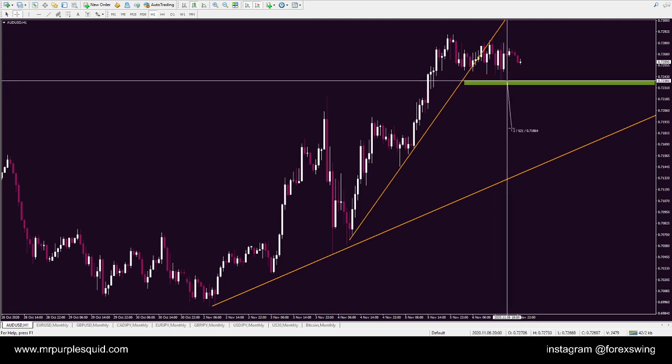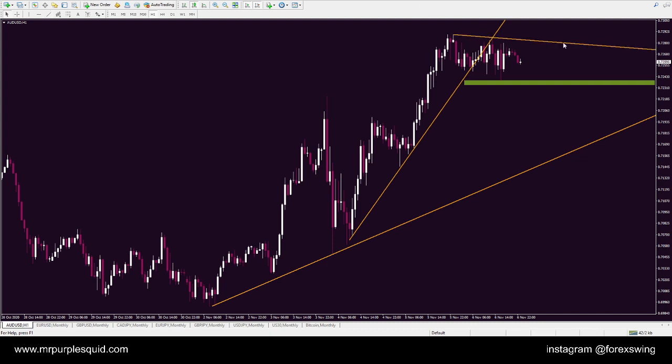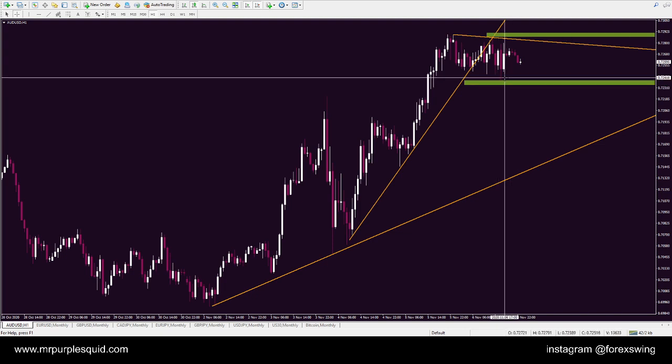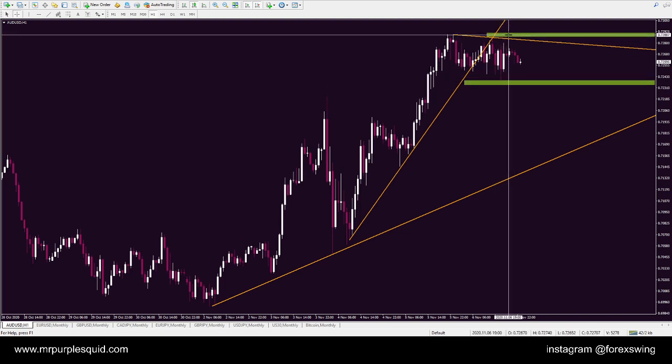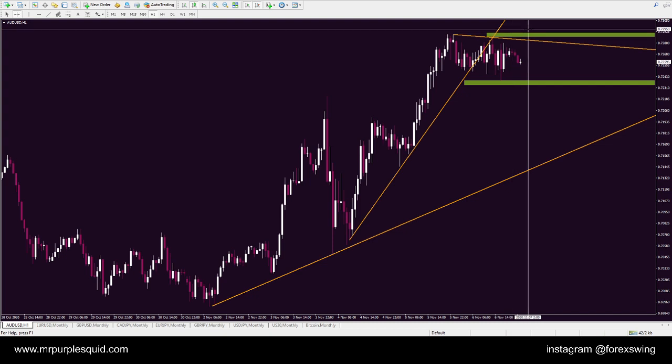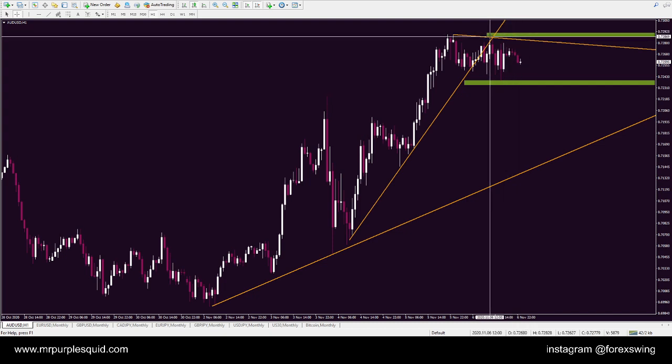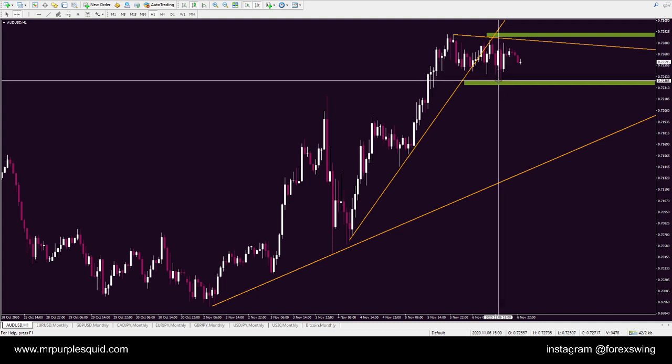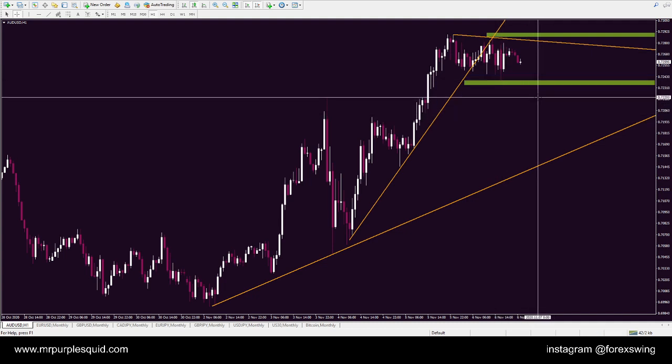And if I get a strong break of this high without price breaking this low, I would buy. So that's it for Australian USD: strong break of this high, buy; strong break of this low, sell.